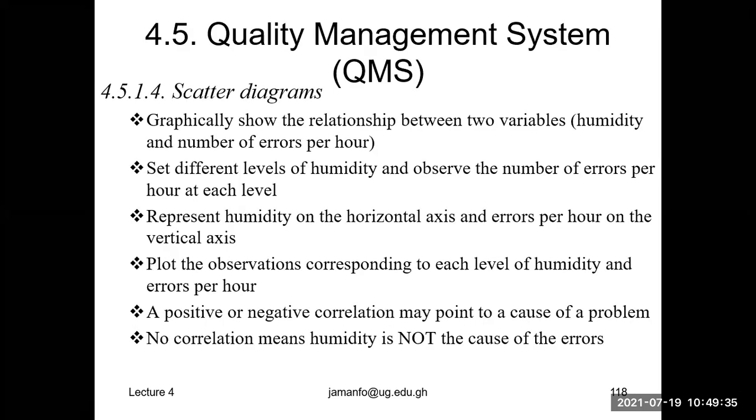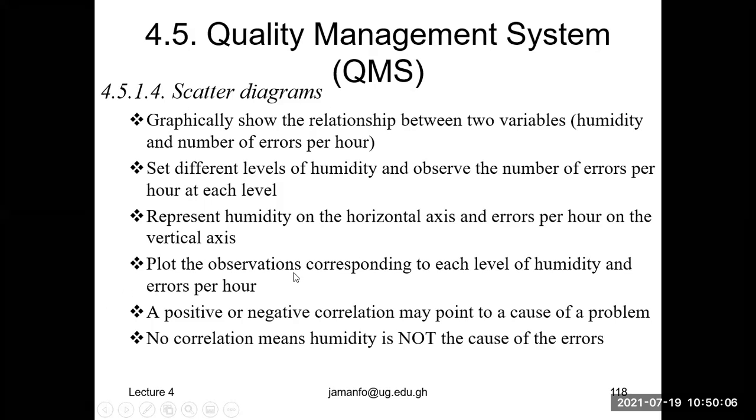Then we have scatter diagrams, which graphically show the relationship between two variables. In a typical example we are going to see, we want to compare humidity and the number of errors per hour. So we set different levels of humidity and observe the number of errors per hour at each level. And then we represent humidity on the horizontal axis and errors per hour on the vertical axis.